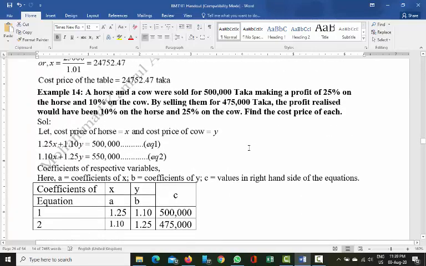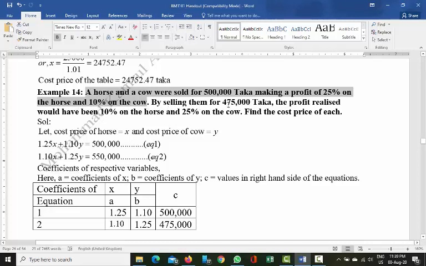Now let's solve example 14. A horse and a cow were sold for 500,000 taka, making a profit of 25% on the horse and 10% on the cow.